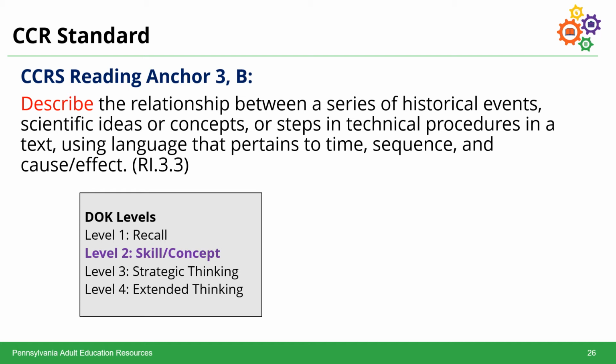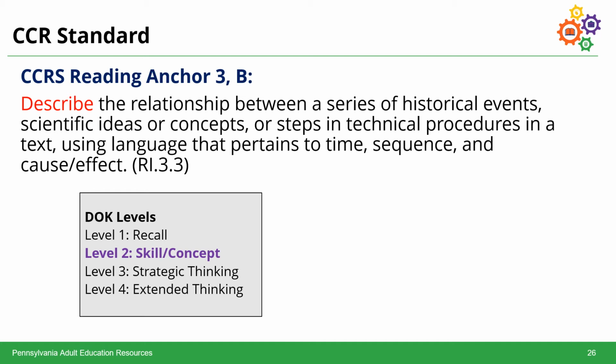A Level 2 describe or explain task requires students to go beyond a basic description or definition to predict a possible result or explain why something might happen, according to Karen Hess. Level 2 goes beyond recall and reproduction and requires learners to apply their skills and understanding of concepts to answer questions or complete tasks.